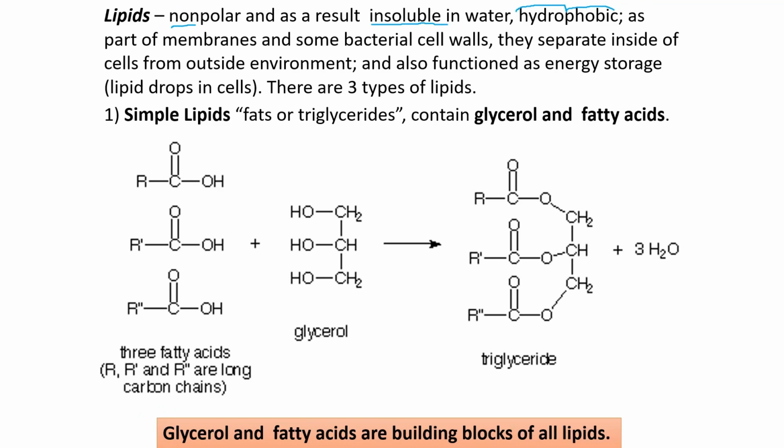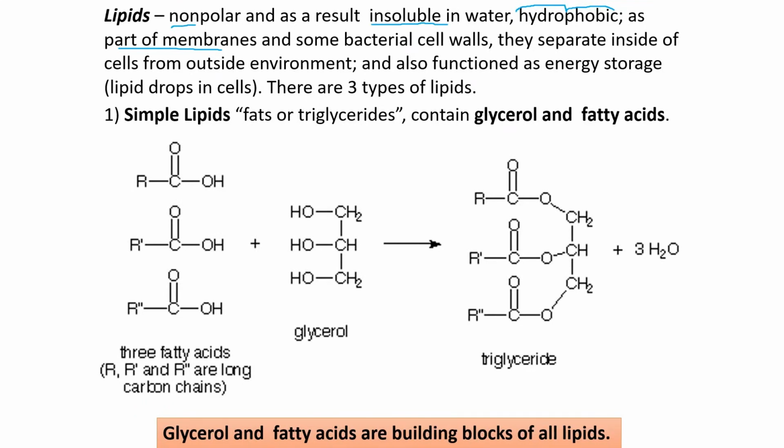An example of the location of lipids in living organisms is the membrane. All living organisms are made up of cells, and each cell has a border, called the cellular membrane, around it.